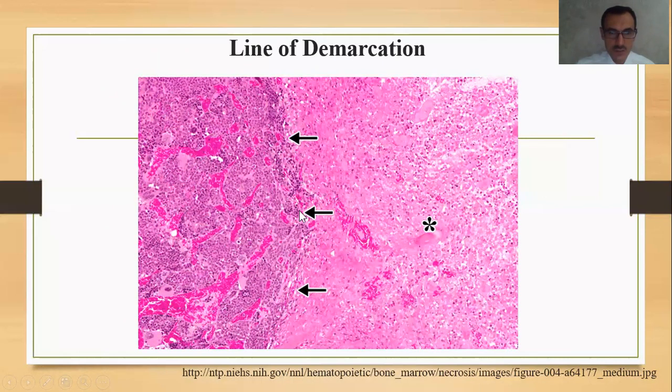And here we see congested capillaries or blood vessels with lymphocytes. This inflammatory reaction we call the line of demarcation, that demarcates the necrotic area from the normal tissue. Here, this is the normal bone marrow, and the necrosis of the bone marrow.